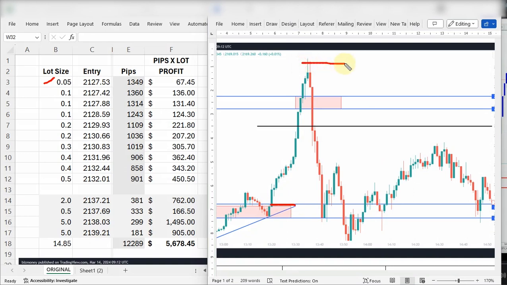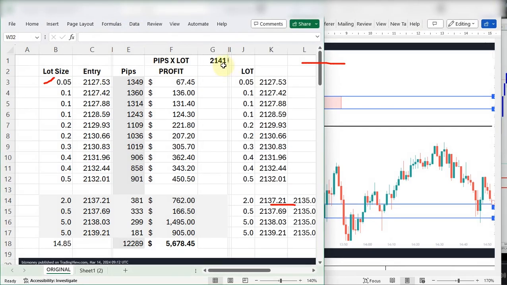And someone might say, how did I do that? Here is the data here. At each entry from the screenshot, I calculated to this top. So when I did my calculation, look at the 2141 here. This is what I discovered.